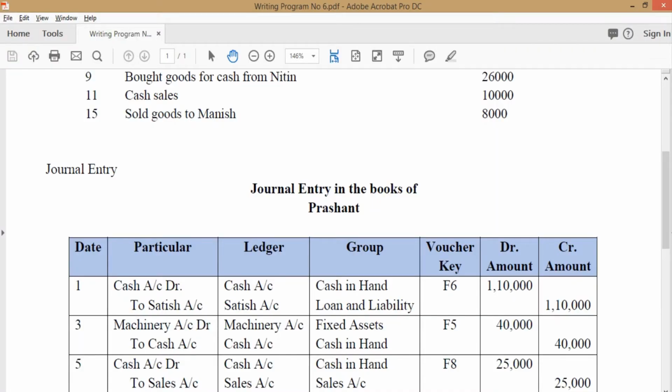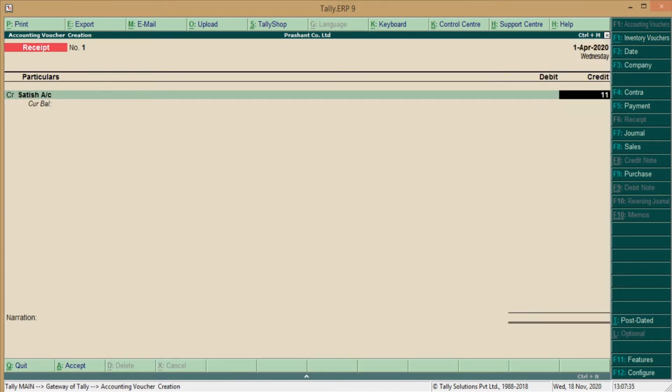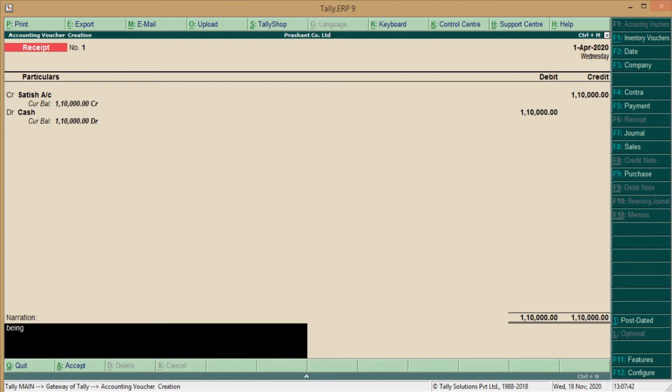the Satish account receipt, so credited is Satish account, Satish account of rupees 1,10,000, by cash 1,10,000, being business start with cash borrowed from Satish.